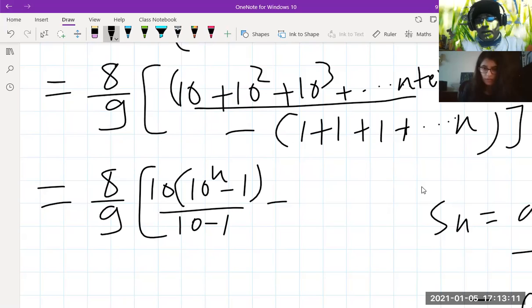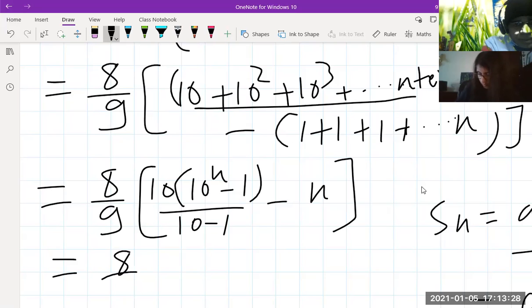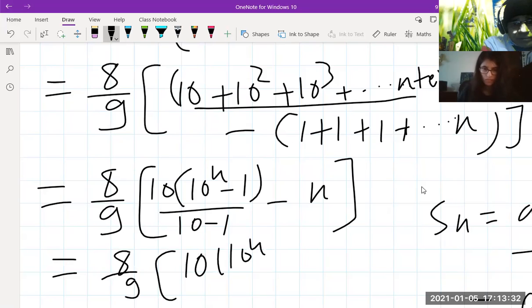If you add 1 to n times, what will you get? n. Obviously, you will get n. That is the rule of addition, right?